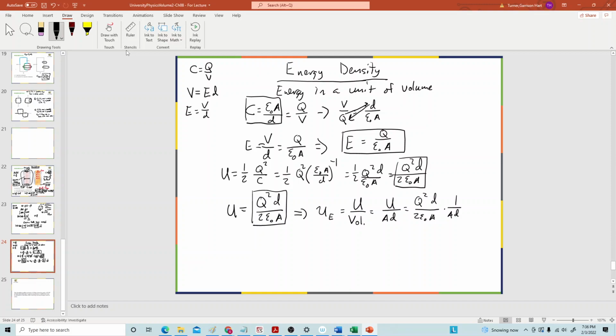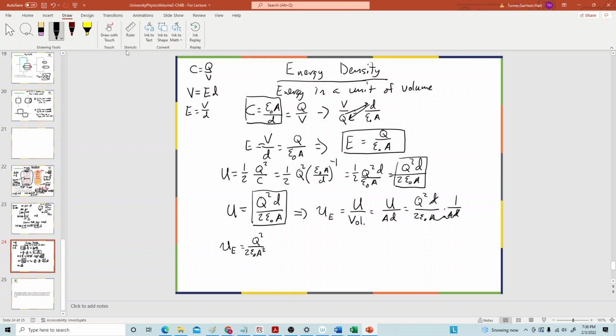Okay? But that's going to cancel with that. And so now UE is going to be Q squared over 2 epsilon naught A squared from the A times A.